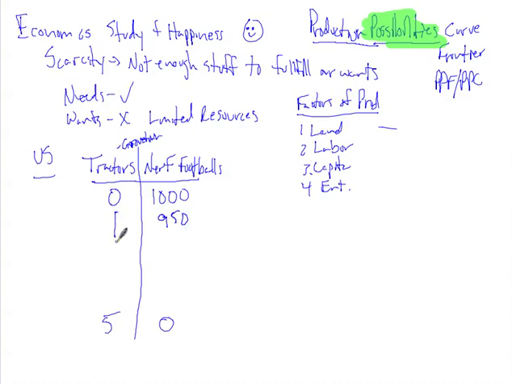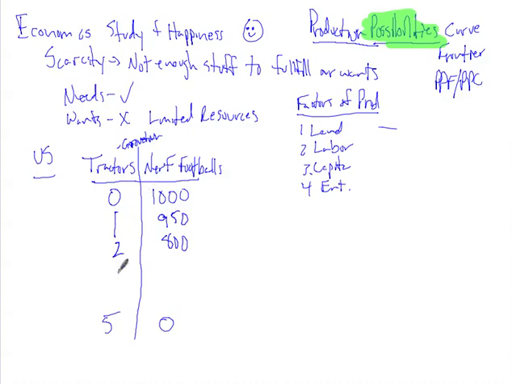All right, then let's say, you know what? Let's produce two tractors. And again, we're taking some of the resources that are producing here, pulling them to produce the tractors, which means that we now can produce less Nerf footballs. And so let's say that that's now 800.